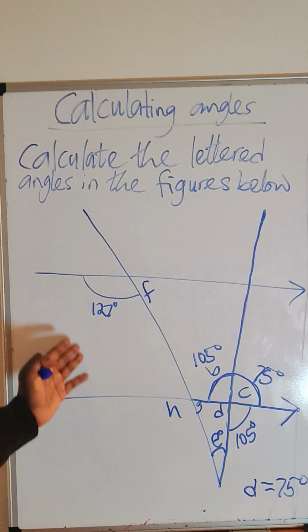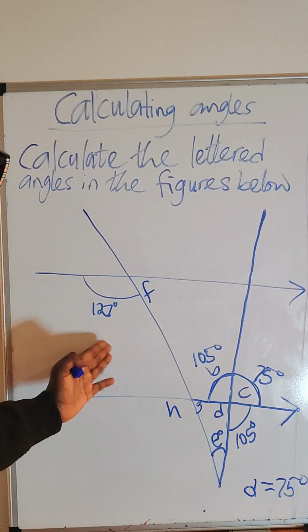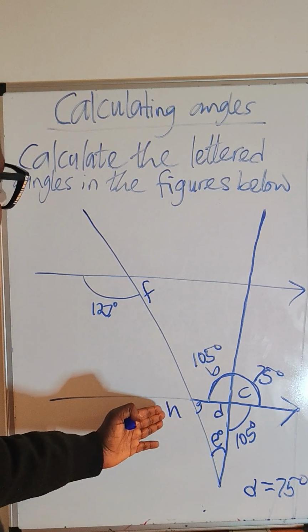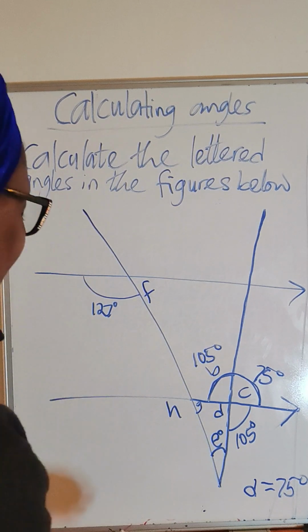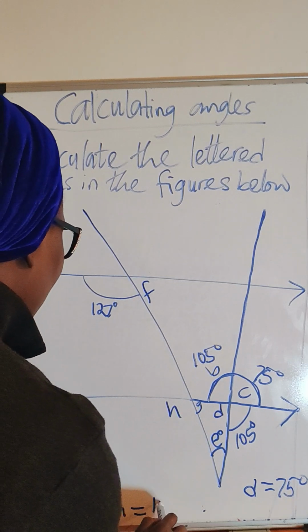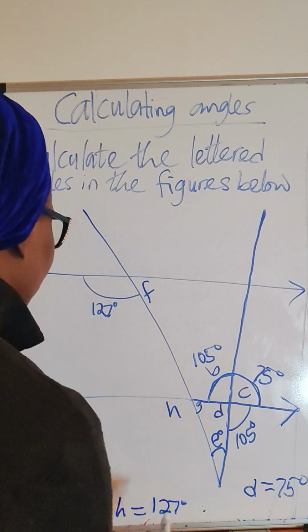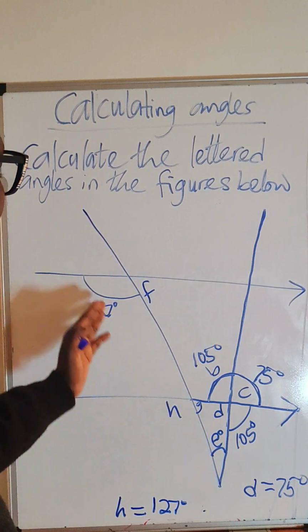Can we check letter H? From here, we discover letter H angle is a corresponding angle to the angle here, and the angle here is 127 degrees. So letter H angle is 127 degrees because it's a corresponding angle.